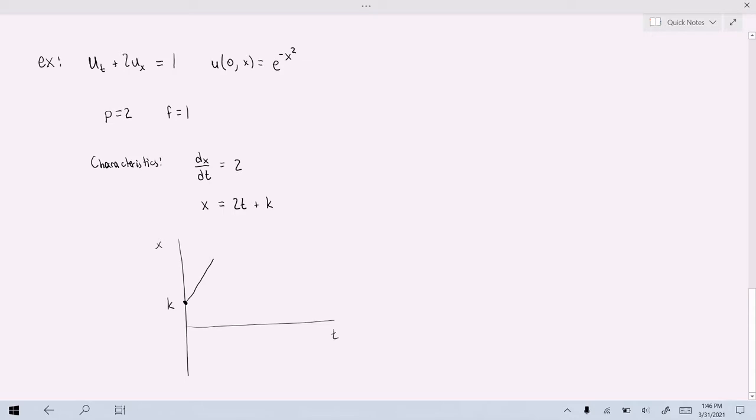Now, again, we know that u, the solution to the PDE, evaluated along a characteristic, should be equal to the integral of f, the right-hand side, along the characteristic.